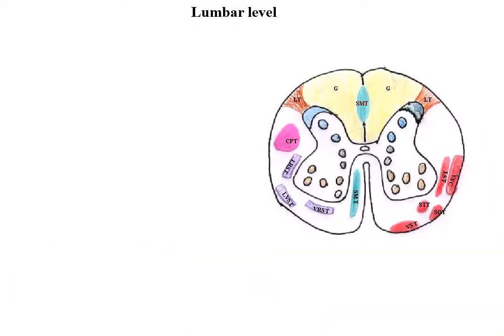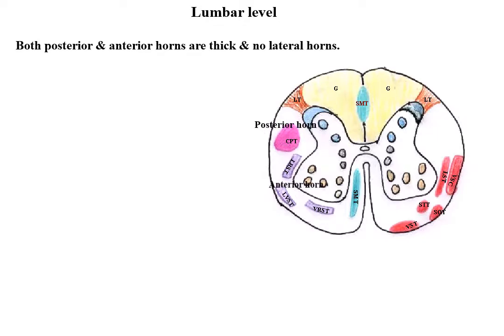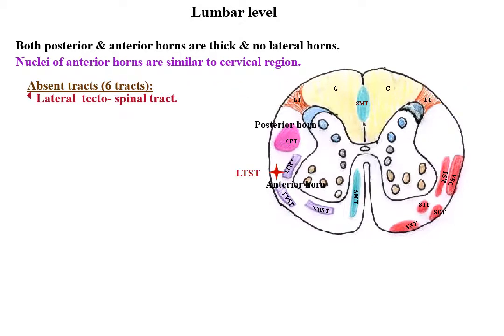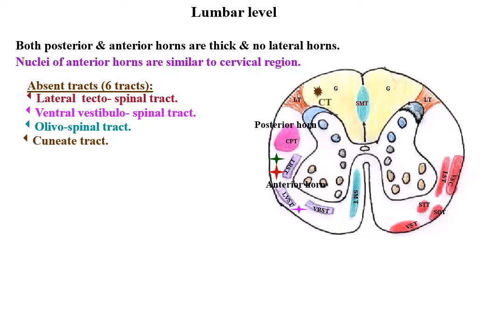Lumbar level is characterized by the presence of thick posterior and anterior horns and the absence of the lateral horns. The nuclei in the anterior horns are similar to those of the cervical region.